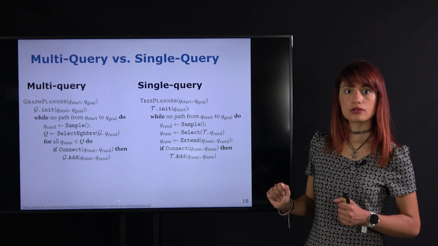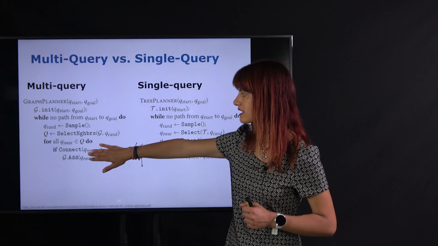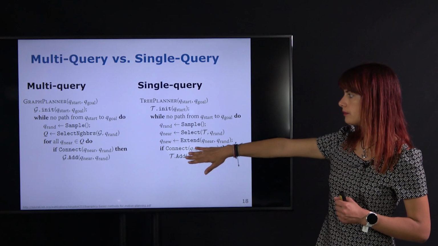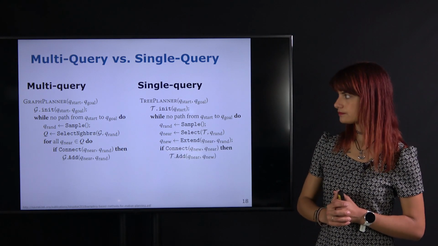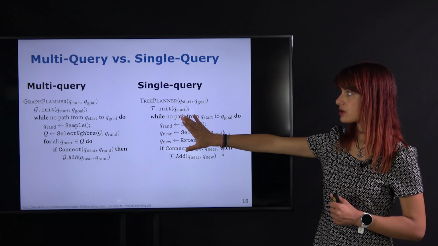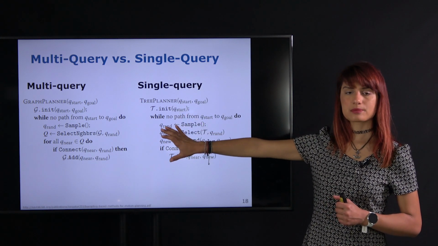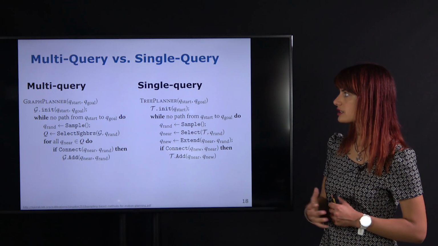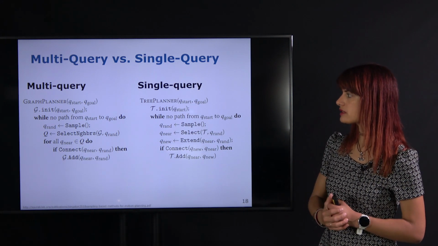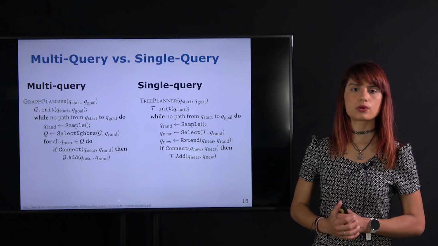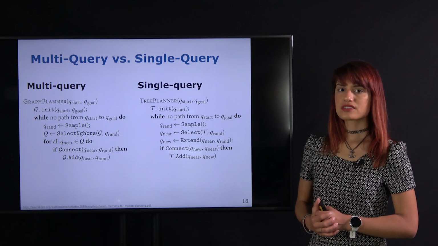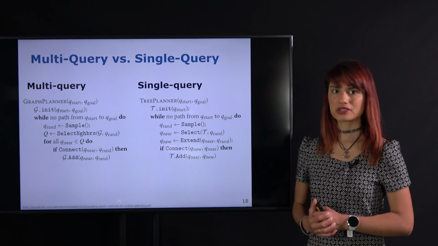And we also asked how to collision check, which is what is happening when we add new nodes to our tree or our graph. So these two steps are at the core of every sampling-based planner, and the logic of the implementation is what differs between the algorithms, and that's exactly what we're going to discuss next, starting with a commonly used multi-query planner.